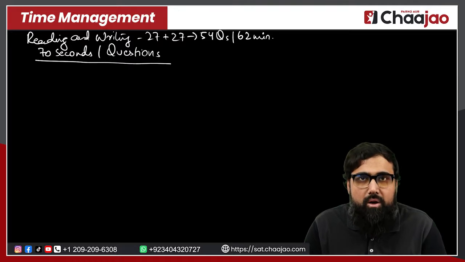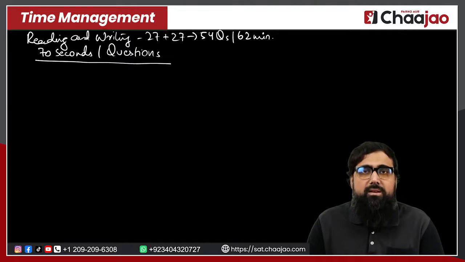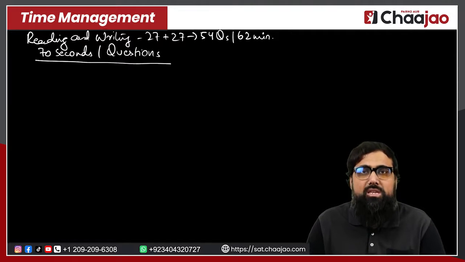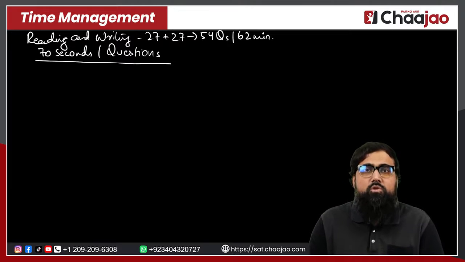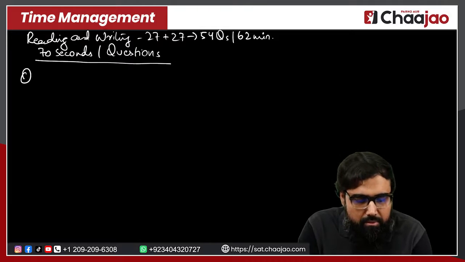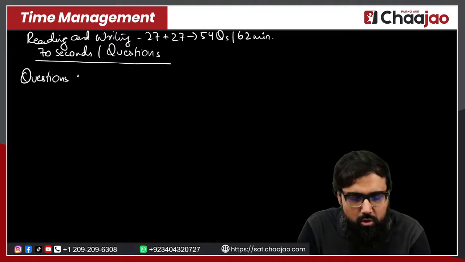Now, my take on this is that 50% of the paper can be easily solved under 30 seconds per question. First, let's identify what those question types are.